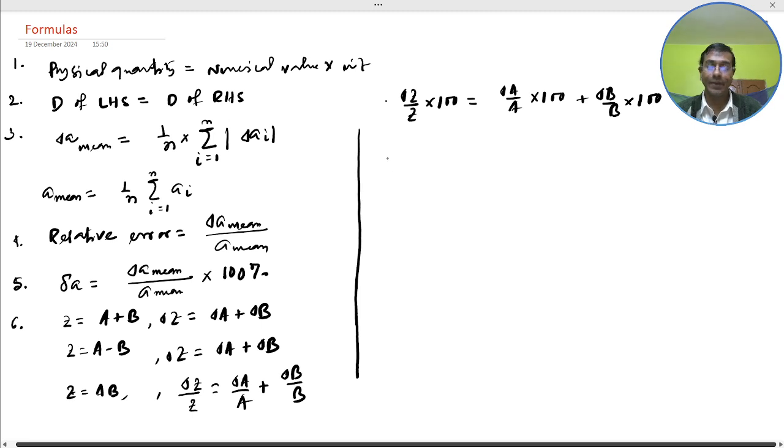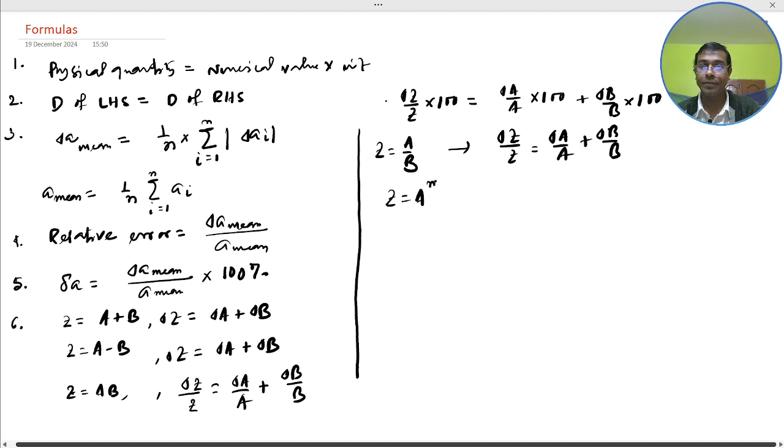And in division format z equal to a by b, so del z by z is equal to del a by a plus del b by b. And in power format, suppose z equal to a to the power m, so del z by z is equal to m del a by a.